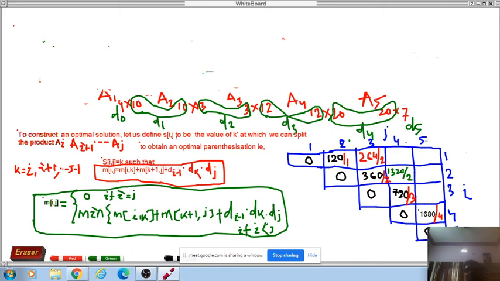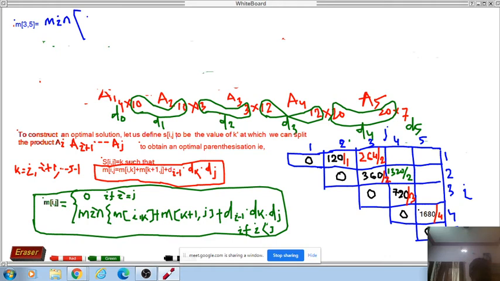Which one? 3 5. So 3 5 means again the product of 3 matrices. That will be equal to how much? Anybody can tell me? I am just writing the minimum. Anybody can help? Simply tell me.